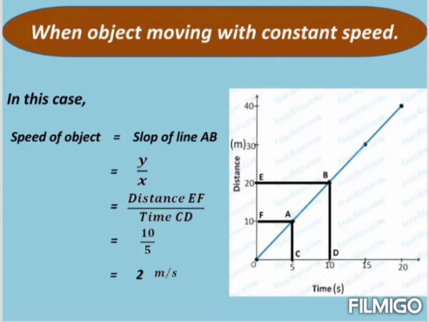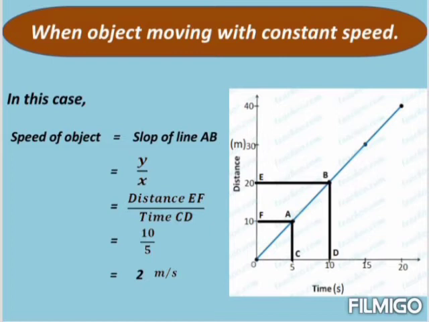The value of C is 5 and the value at point D is 10. So we have to find the difference. Difference means minus. We subtract E minus F and D minus C: 20 minus 10 and 10 minus 5 becomes 10 divided by 5, which equals 2 meters per second. 2 meters per second is the value of speed.